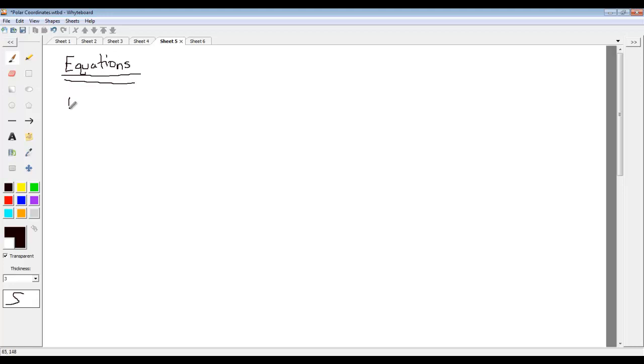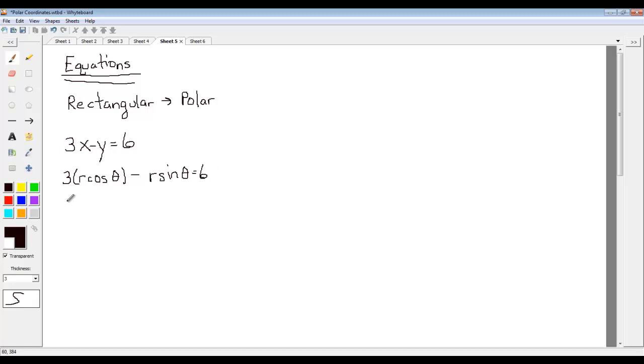Okay, how about we go from rectangular to polar first? Let's say you have the linear equation, 3x minus y equals 6, and you want to convert that to polar. Well, you know x is really r cosine theta, and you know y is really r sine theta.